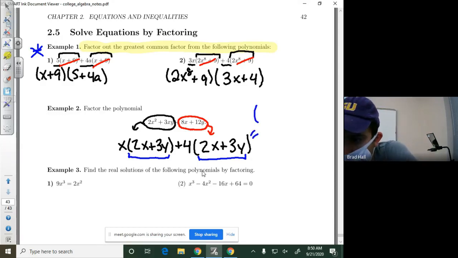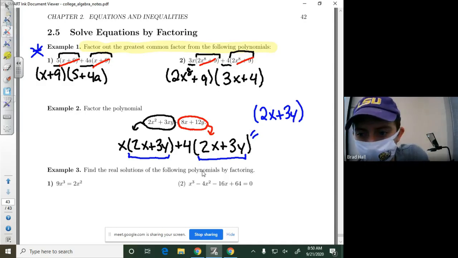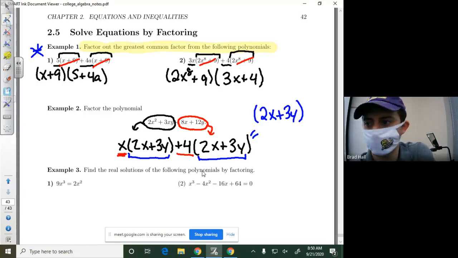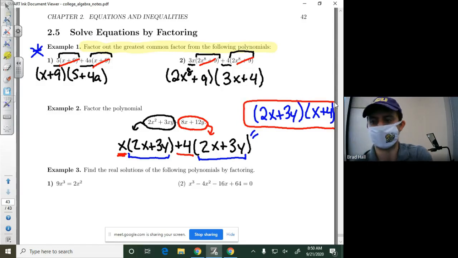So the common term is 2x plus 3y, and what's left over? X plus 4. That's the answer. So this section is a glorified factor by grouping section. If you're good with the AC method, this should be fine.